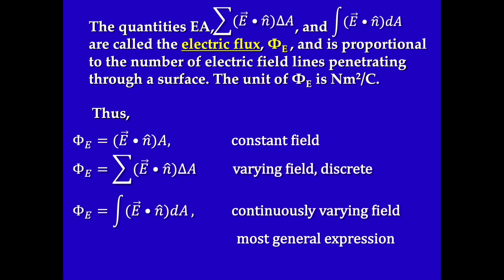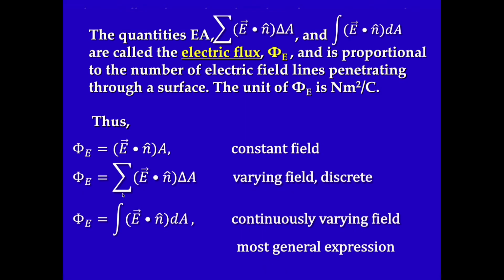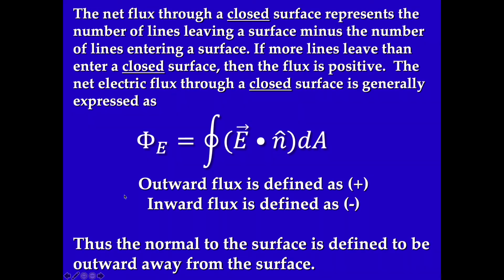But generally, we are interested in the flux through a closed surface. The net flux through a closed surface represents the number of lines leaving the surface minus the number of lines entering the surface.